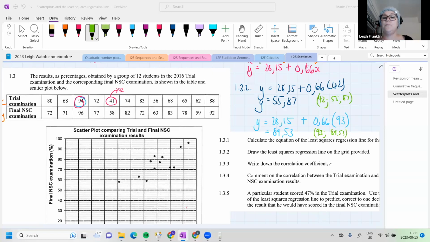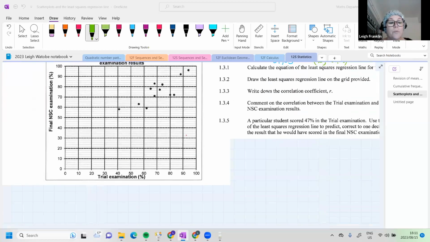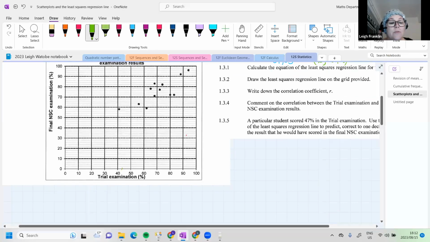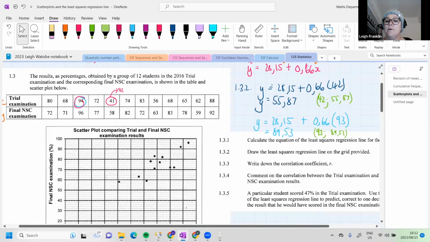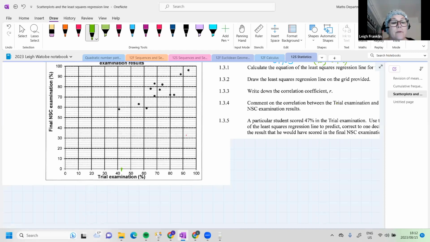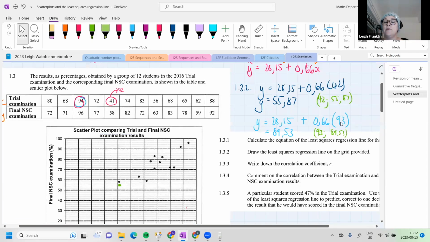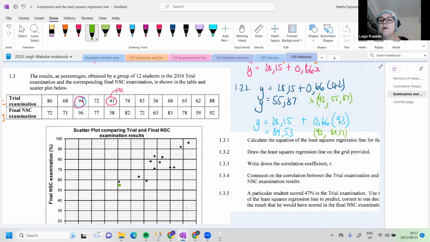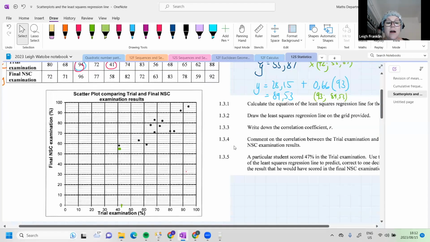Yes, Tsegofatso. So 42 would be somewhere round about here. 55.87 is going to be somewhere round about there. So that is this point here that I've drawn. 93 and 89.53.